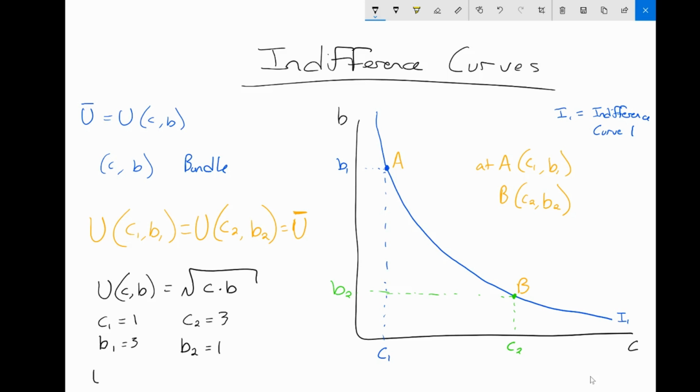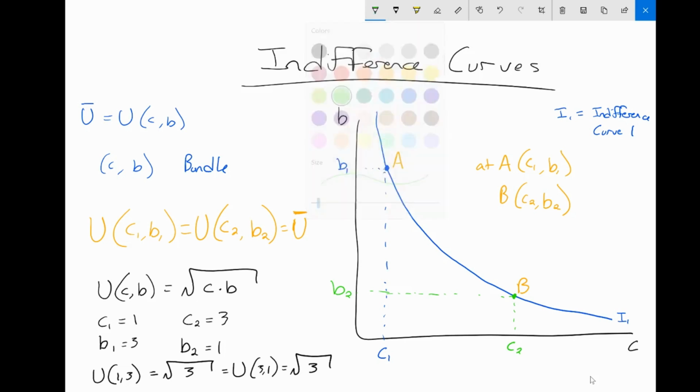In this case, the utility of 1, 3 equals the square root of 3, which equals the utility of 3, 1, which equals the square root of 3. So this would be an example of two bundles that both lie on the same indifference curve. This bundle, 1 and 3, gives me the same amount of utility as this bundle, 3 and 1.